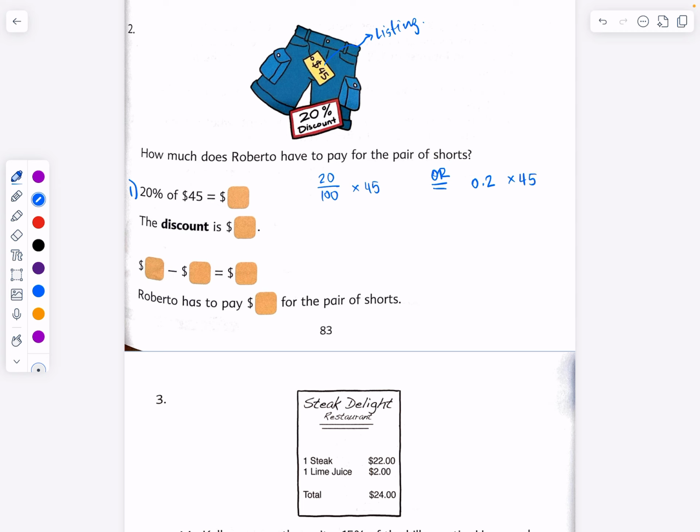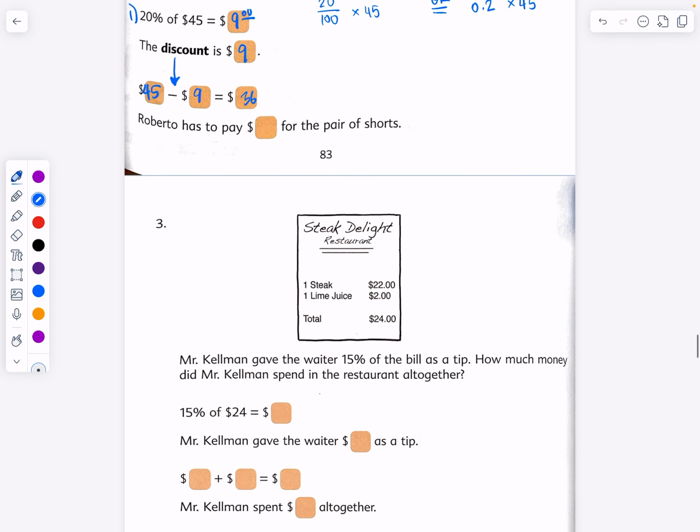Or you can maybe think 10% is $4.50, so therefore 20% is $9. And the discount will be $9. As we know, discount is something we subtract. That means if there is a discount, we will pay less than the listing price. So $45 minus $9, the pair of shorts will cost $36 during sale time.